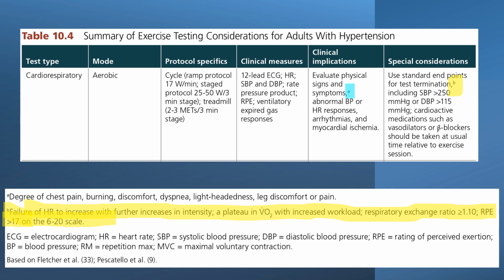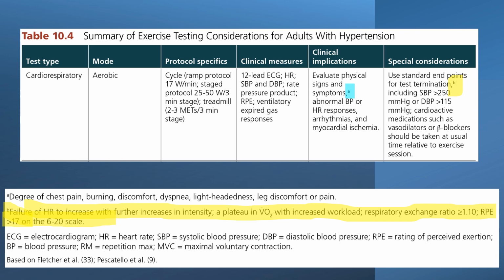The cycle is approximately 3-minute stages with 25 to 50 watts per 3-minute stage, or 17 watts per minute. In a treadmill, there is your Bruce protocol right there, 2 to 3 METs per 3-minute stage. That's Bruce protocol. That is where this author is putting its bend.